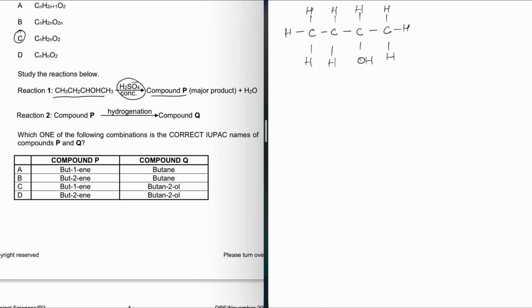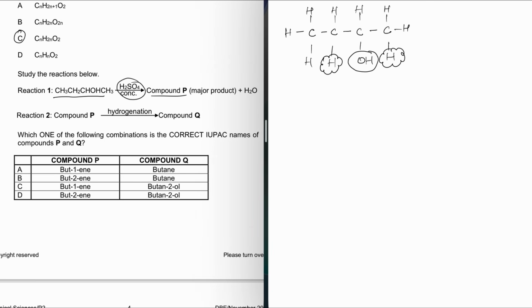So in the H2O, there's an OH and there's a hydrogen. So the OH is definitely going to come out from here. Most certainly it's going to come out from there. But the hydrogen is going to come out either from this hydrogen or this hydrogen. Now we need to remember our rules.